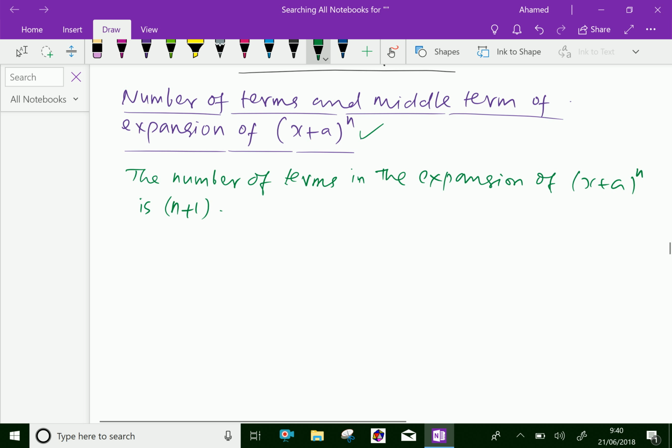If n equals 8, the number of terms will be 9.